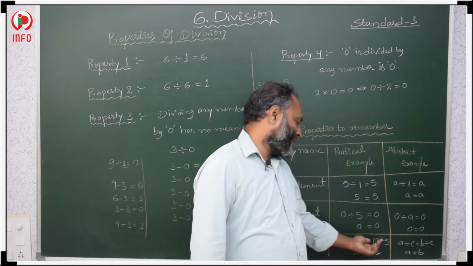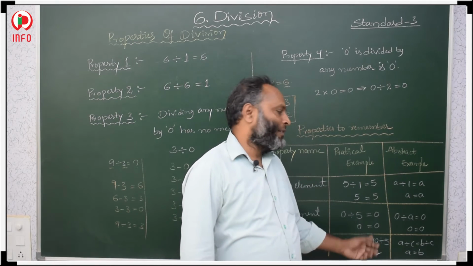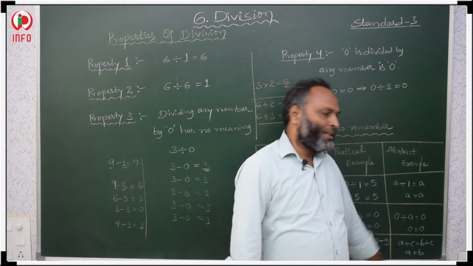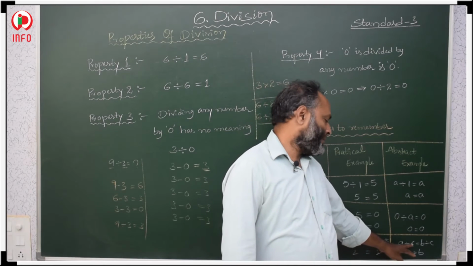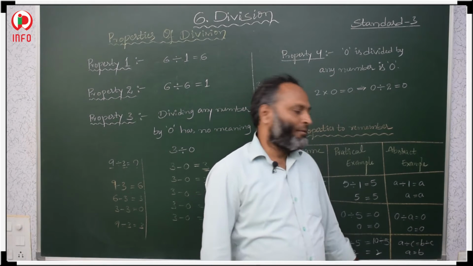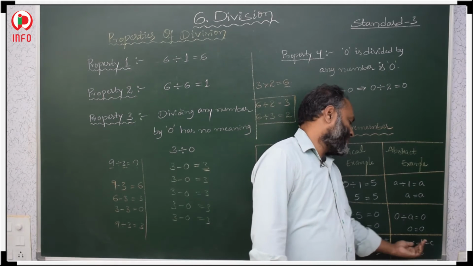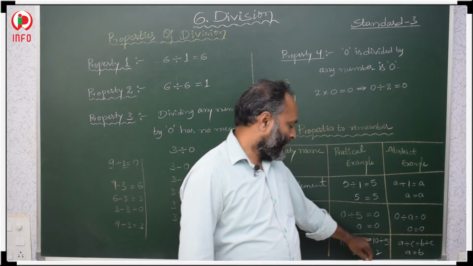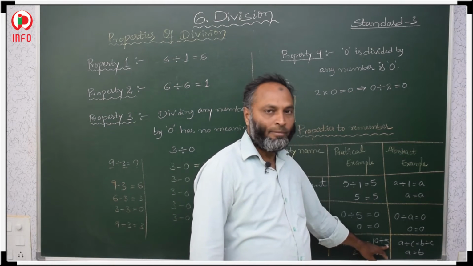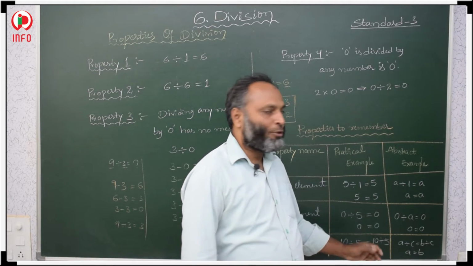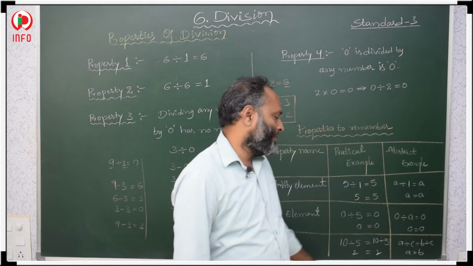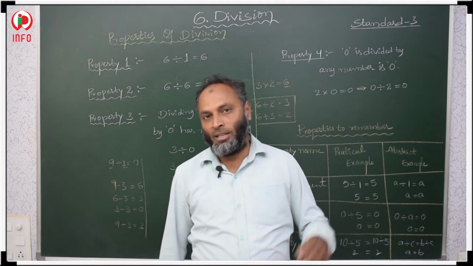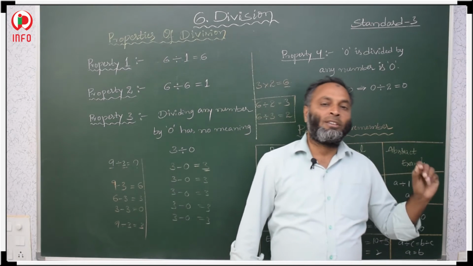If you say this one is A and this one is B, then when the two are equal, A is equal to B. A divided by C and B divided by C, both numbers are divided by the same number C. When the two answers are equal, the two dividends A and B should be equal.